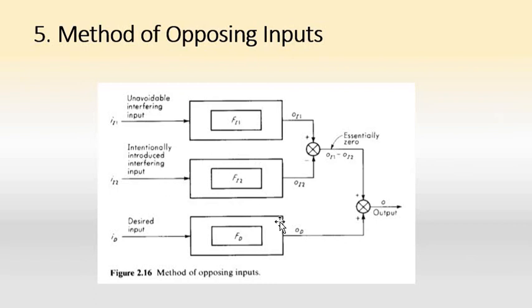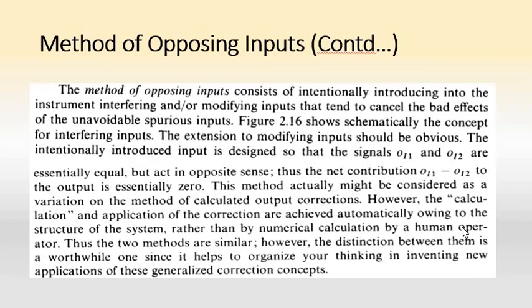Whenever there is a change in interfering input, then this also will change. As a result, the output of the summing device is kept 0 always, so as to maintain the output as the desired input. So that is the only difference between this method and the method of calculated output correction. Okay, so these are the various methods in order to remove the interfering as well as modifying input.